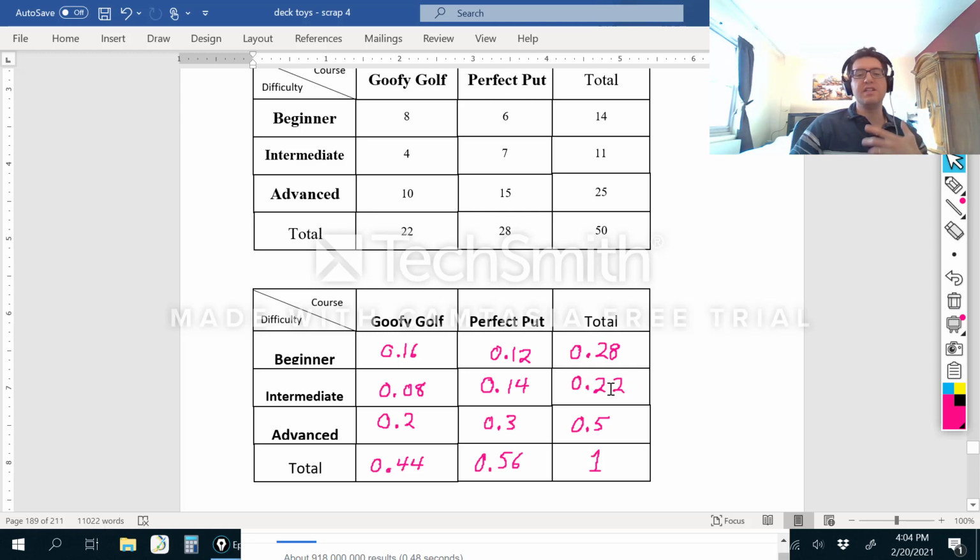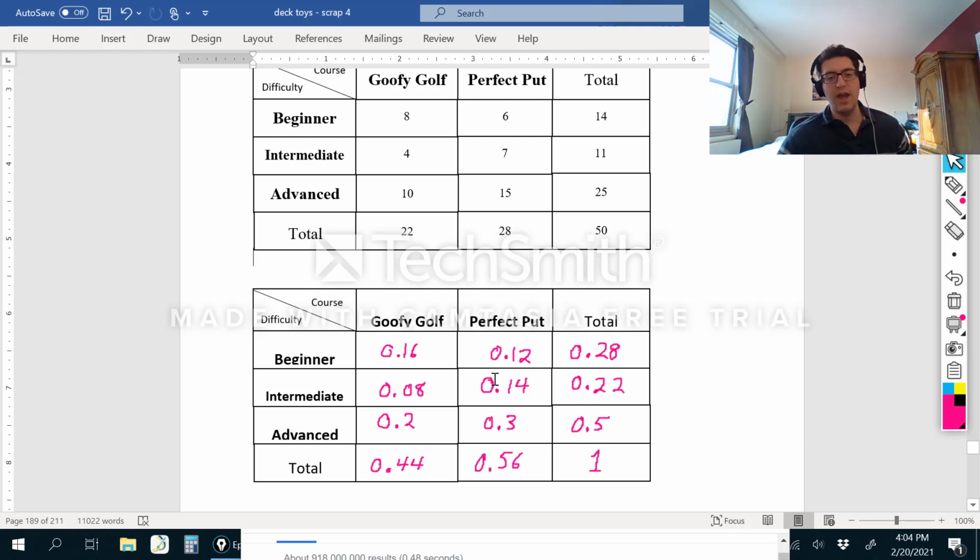So 22% of all of the holes are intermediate holes, okay, whether they're at Goofy Golf or at Perfect Putt. All right, so you can add the numbers in a relative frequency table to get the totals, just like you would add the numbers in a normal frequency table to get the totals.